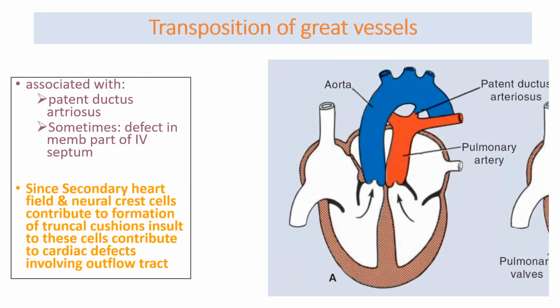Now, in the transposition of great vessels, there is very rare chance that you will have an interventricular septal defect, because the conotruncal septum has formed. Therefore it will be rarely associated with a defect in the membranous part of the interventricular septum, but it is associated with the patent ductus arteriosus.